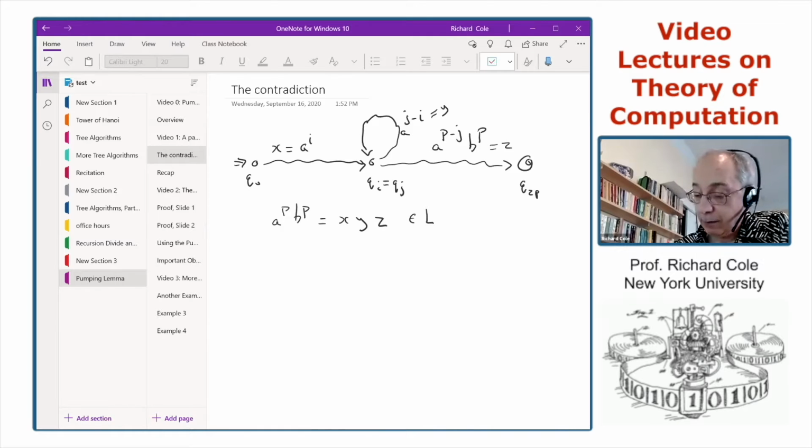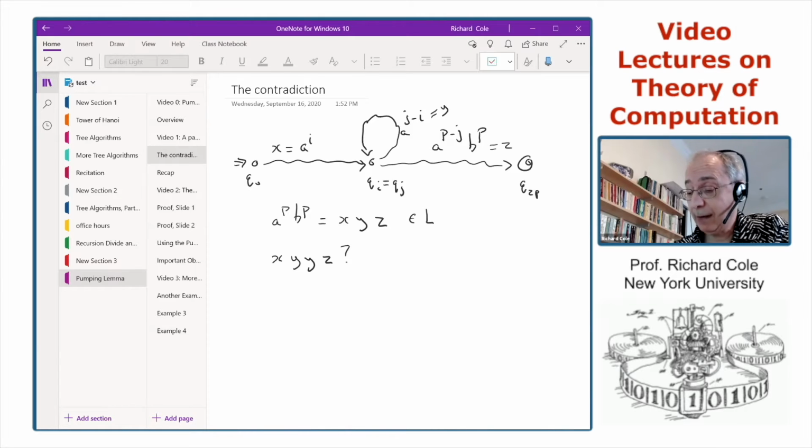Now, this graph shows a set of paths that exist in our finite automaton. So let me ask, what happens if I read the input string x, y, y, z? Well, if I read x, this is the DFA, it's going to take me from Q0 to Qi.